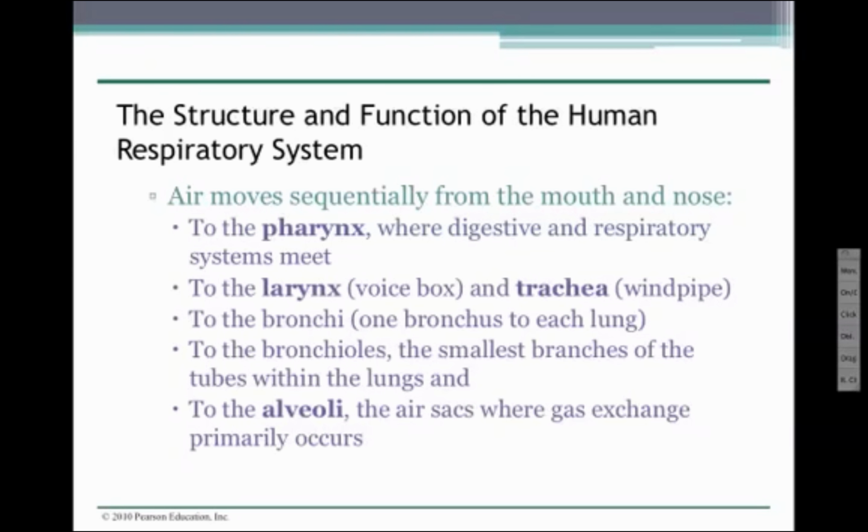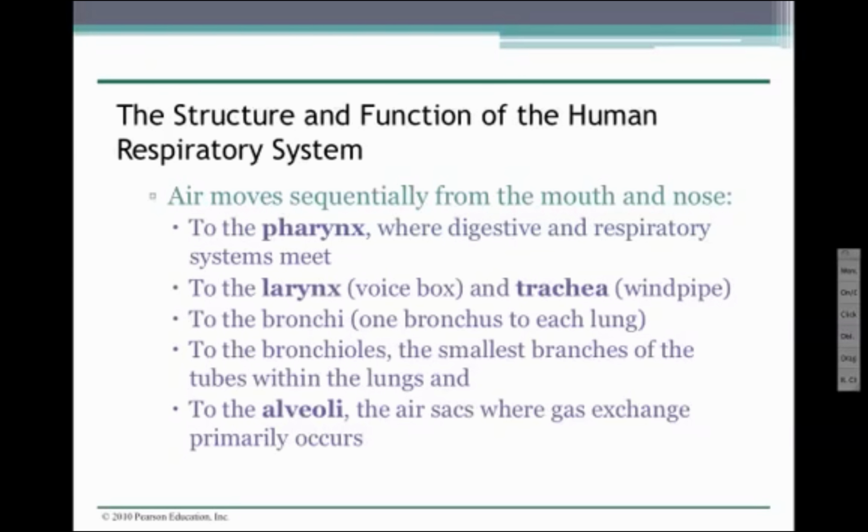From the trachea it goes to the bronchi. That's a double, plural, and there's two of them. One bronchus to each lung. And that's like a little smaller tube than the trachea. Then it branches into smaller tubes that are called bronchioles.